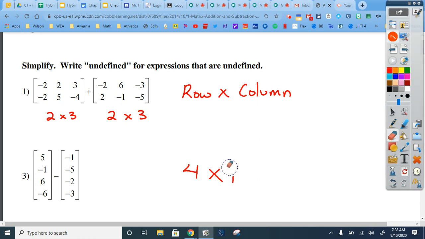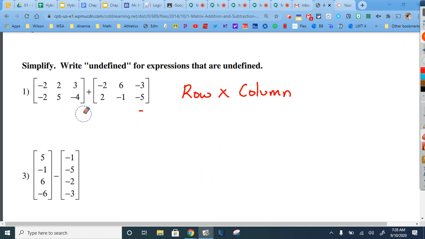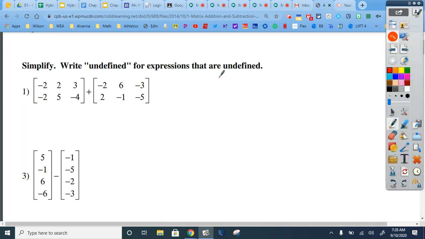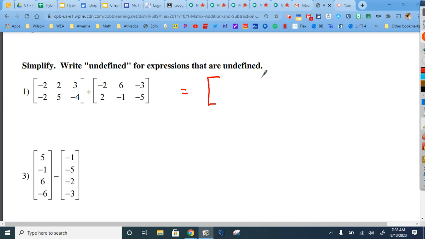So all we're going to really do here is group these terms, okay? So I'm going to create my other 2 by 3 matrix over here, okay? And then each term corresponds to the like term in its corresponding place in the other matrix, okay? So I have essentially here 6 different mathematical problems to take care of. I look in my top left corner, I have -2 here, okay?